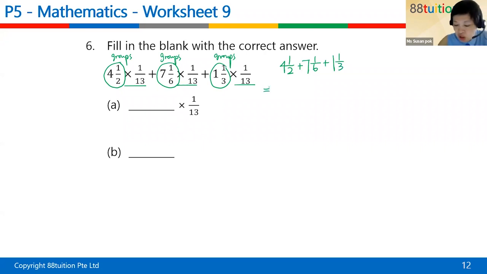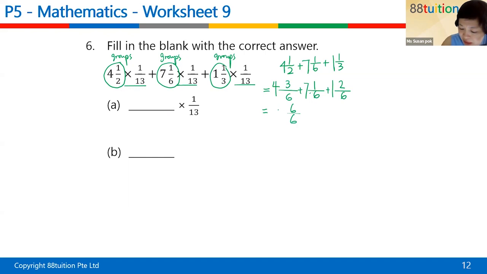So now I'm going to change all into what? Common denominator of 6. But I keep the whole number first. So this one remains. This one times 3, I do it into an equivalent fraction. This one also an equivalent fraction. So I have 3, 4, 5, 6. I have 6 out of 6.